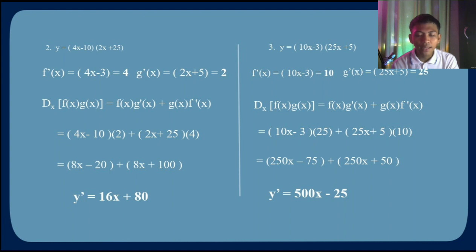And then minus, 75 minus 50 is equal to 25. That's why it became 500x minus 25.